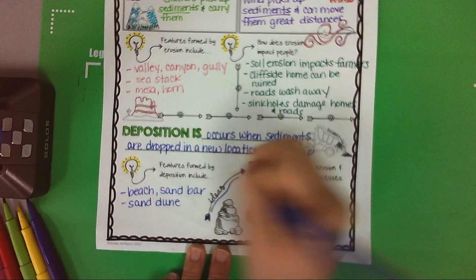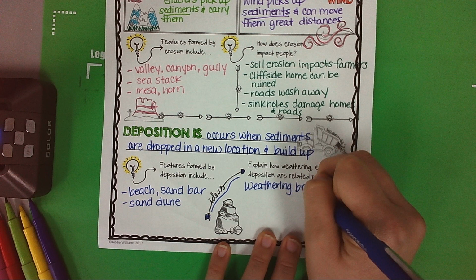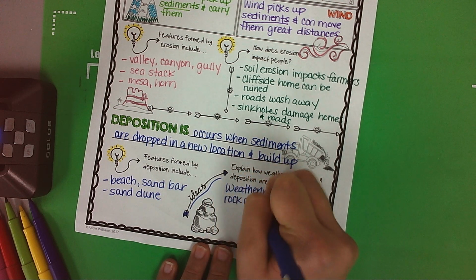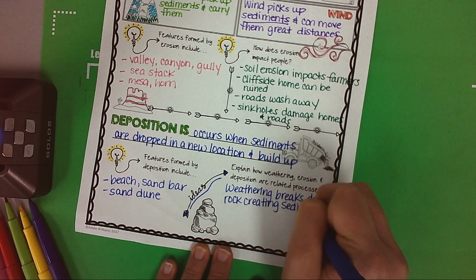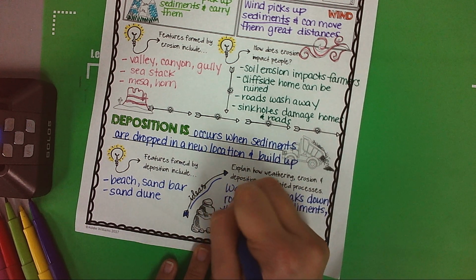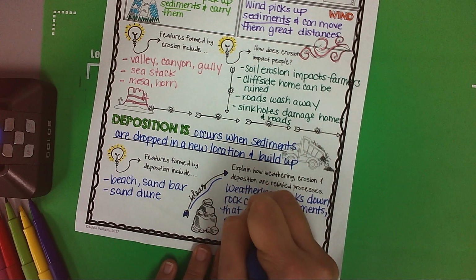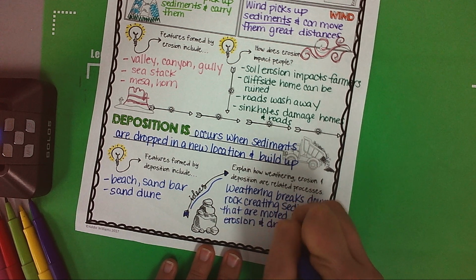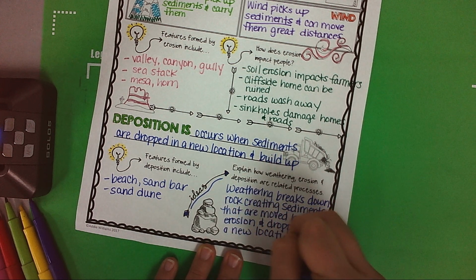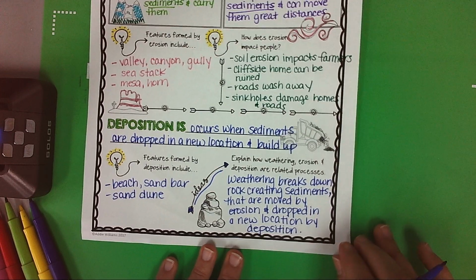All right, so weathering breaks down rock, creating sediment that are moved by erosion and dropped in a new location by deposition. Okay. So let's review that. I'm so sorry that the paper moved.